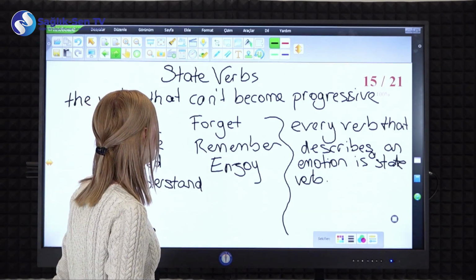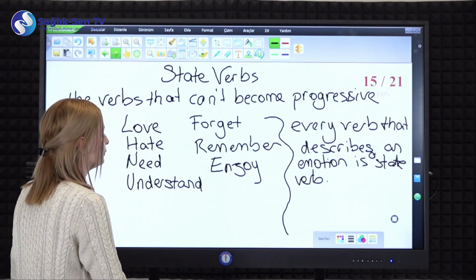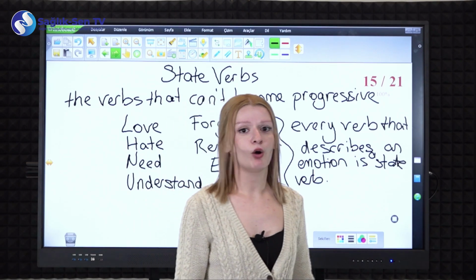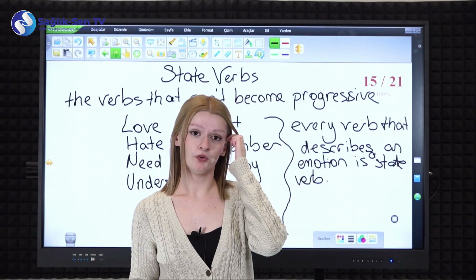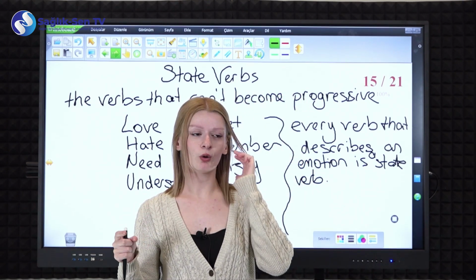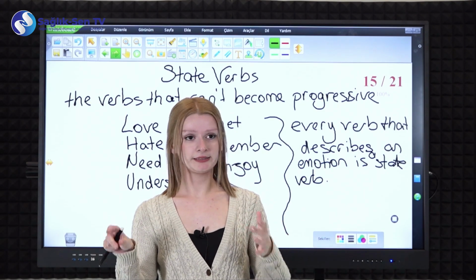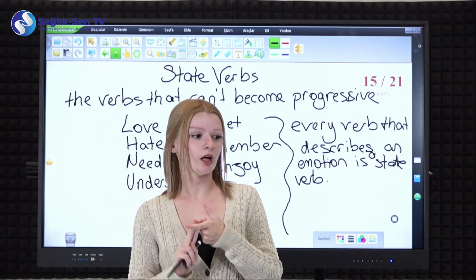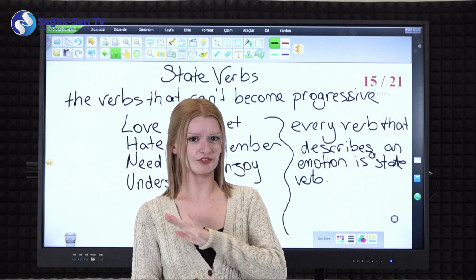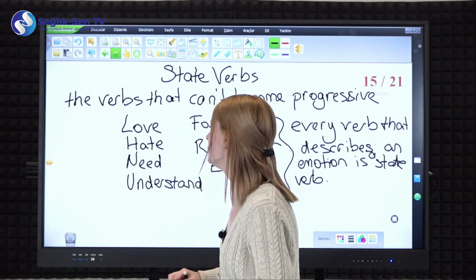Now, we talked about state verbs. We said that they can only be used with present simple or past simple, not with progressive ones. Not present progressive, not past progressive, any progressive. They cannot get ing.